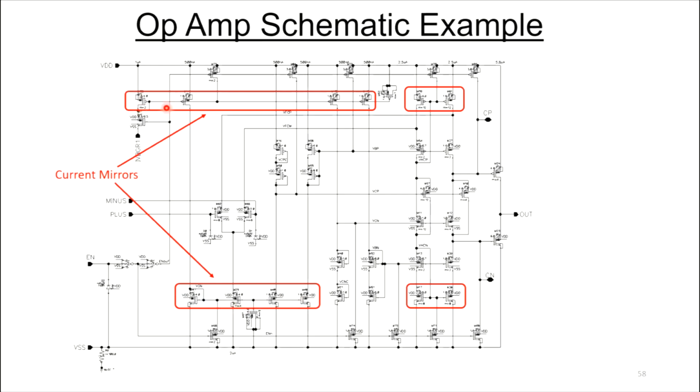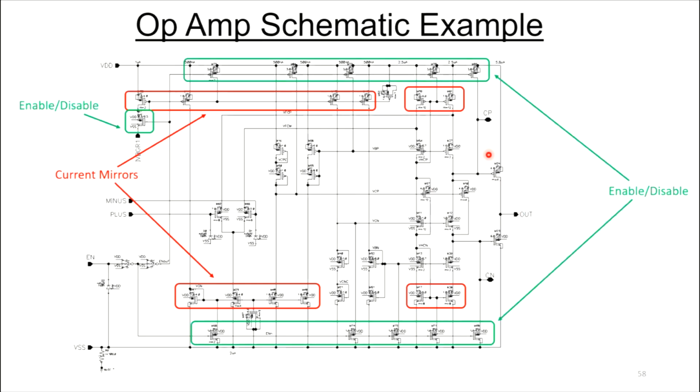Here's our diode connected device, it's generating reference voltages. And the next part, oh boy, look at all these transistors here. This is part of that enable-disable circuit that we talked about, where we want to be able to power down the op amp and kill all the currents so that if we're running off a battery, it doesn't drain the battery very much. And that's what everything in green here is.